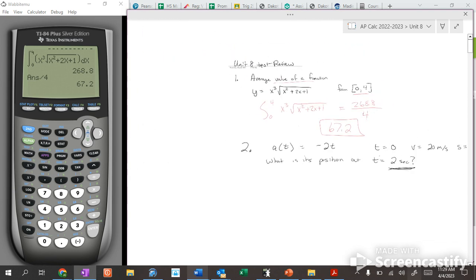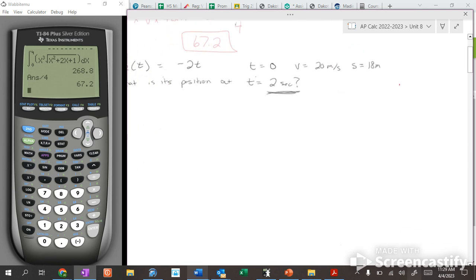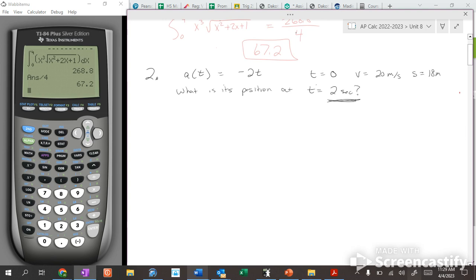All right. The next one. This one's a little bit of a humdinger. The acceleration is a(t) equals negative 2t. At time equals 0, the velocity is 20 meters per second, and the position is 18 meters. What is the position at 2 seconds?